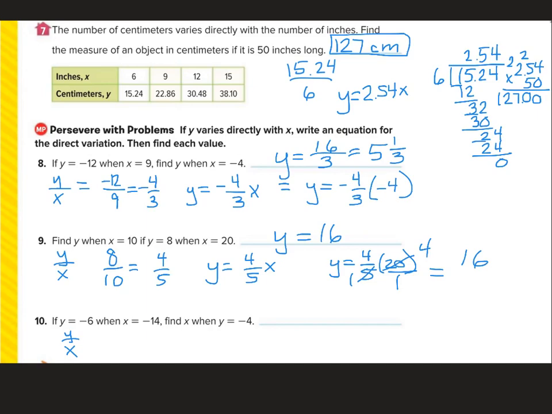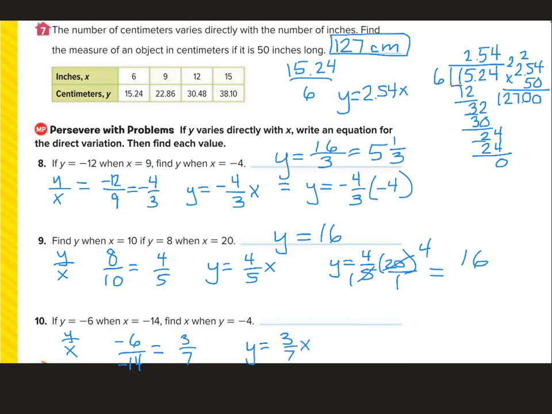Okay, next problem, number 10. If y is equal to negative 6 over negative 14, I can simplify that to a positive number. They both have a factor of 2, so 6 divided by 2 is 3, and 14 divided by 2 is 7. So my direct variation equation would be y equals 3/7 x.